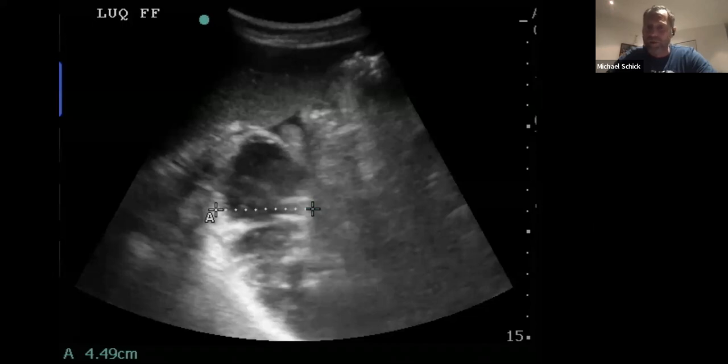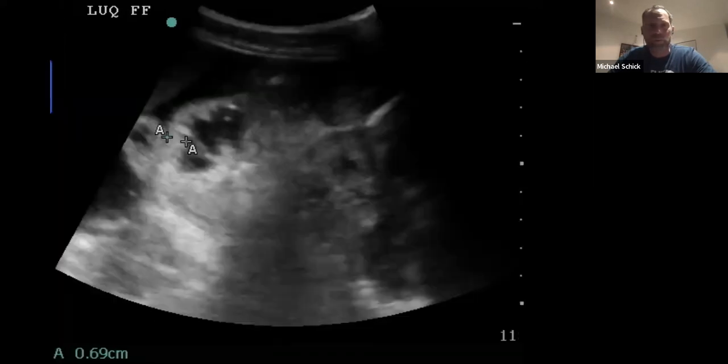The bowel wall also looks very thickened, and normal bowel wall should not be thicker than 3 millimeters. Here we're measuring the bowel wall. The measurement is not really perfect. It's not really straight where I would like to measure it. But if I did measure it perfectly, I think it'd be even thicker than what they got. And you can see that we're at 0.69 centimeters and should be less than 3.